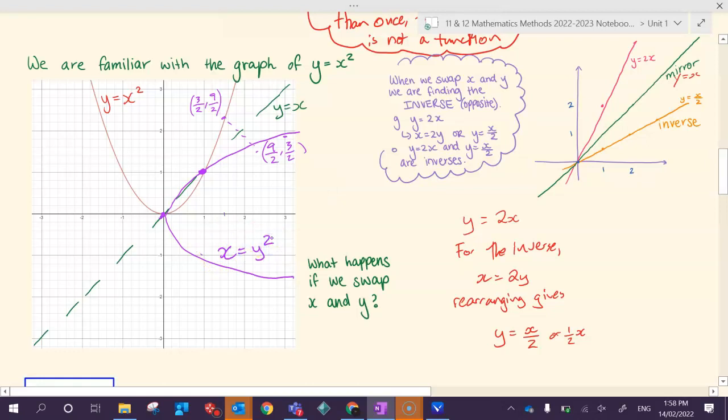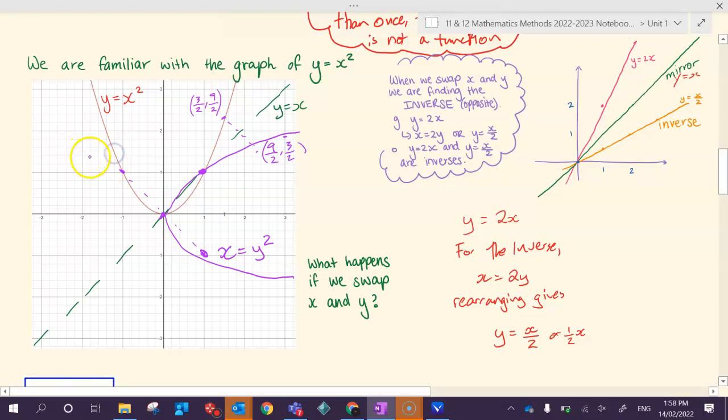It's a reflection of the line y equals x squared. If I take any point and I map it across the line y equals x, I'm getting the corresponding point. Obviously, I can't draw perfectly, so it didn't go exactly through it. But if you look at it in Desmos or on your graphics calculator, it would go through it perfectly.